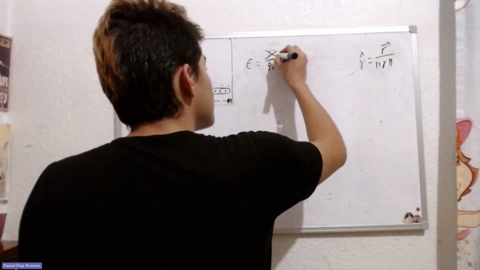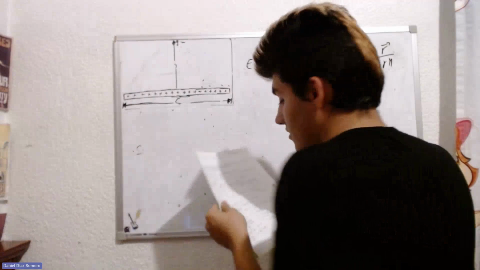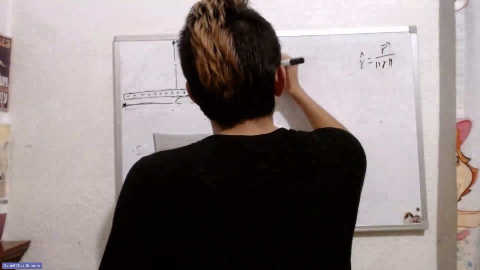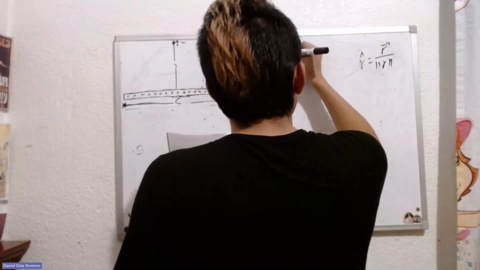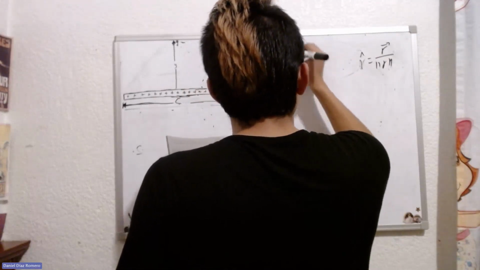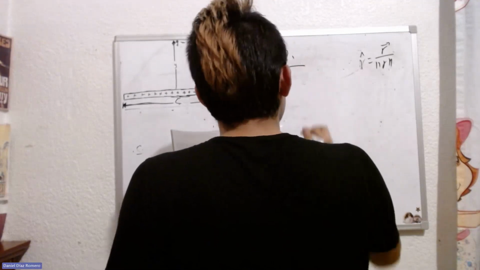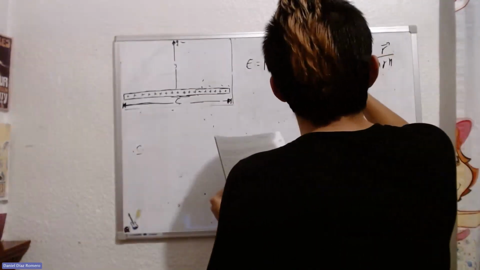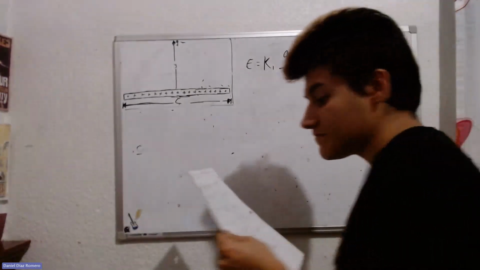If you don't know what the force vector F is, you can rewrite the equation, replacing it with Coulomb's law, which is the constant K times Q1, which is once again the magnitude of the charge, over R squared, which is still the distance, multiplied by the unitary vector.